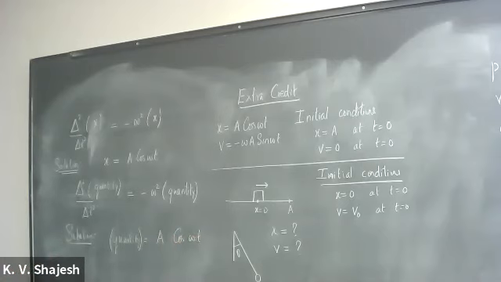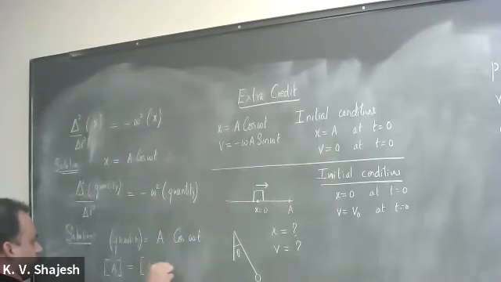Exactly the same thing, except the difference will be in the interpretation, where A now is the amplitude in this quantity. So the dimension of A will be equal to the dimension of the quantity that we are discussing.